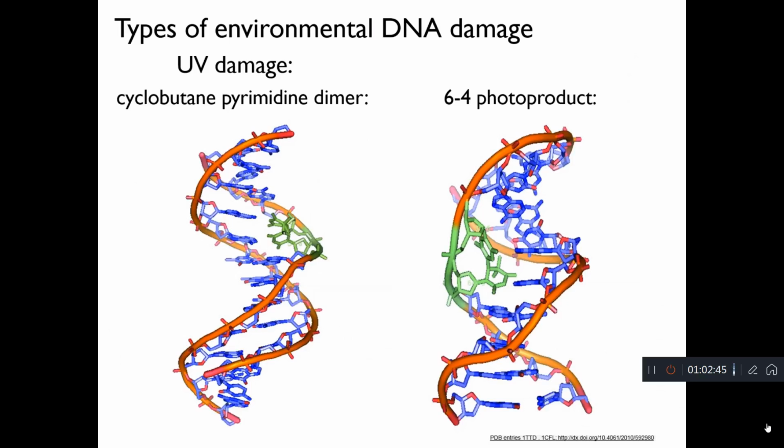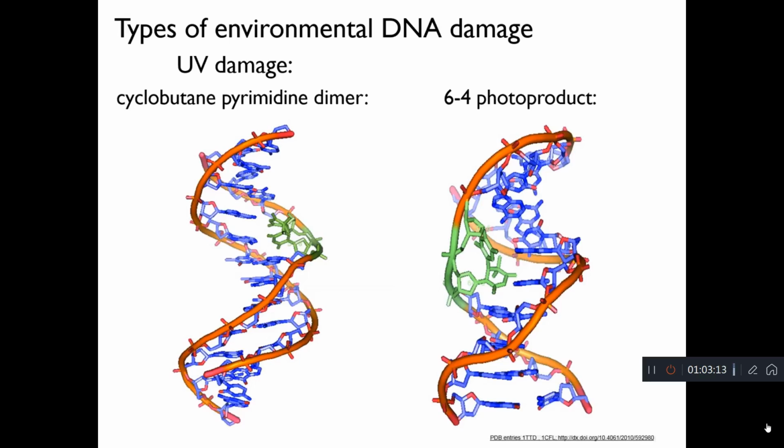Okay, so just to finish off the final thoughts of UV damage, I just wanted to show this slide, which contains two structural models. One that has a CPD on the left, and one containing a 6,4 photoproduct. And I hope that you can see in both cases the physical constraints imposed by carbon-carbon bonds between adjacent pyrimidines leads to this sort of distortion of the DNA structure and a kinking of the DNA helix.